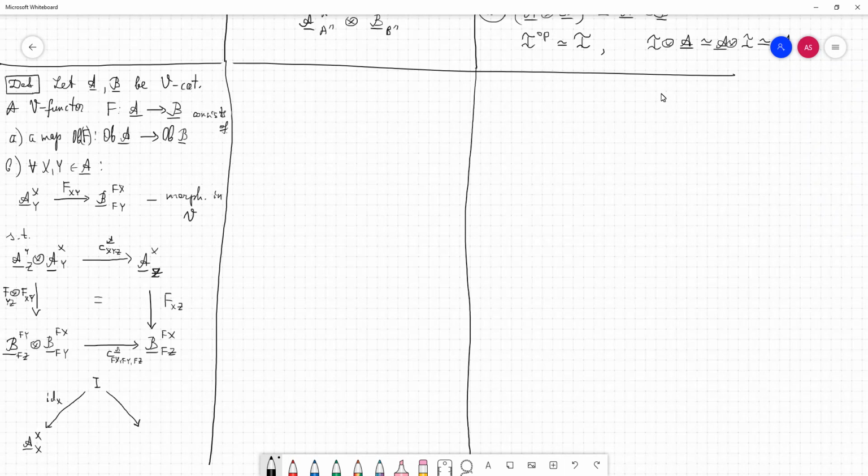You see, the names are so difficult that I'm getting puzzled when pronouncing them all. And here is F sub X comma X. So this triangle also should commute, and we get a V functor.